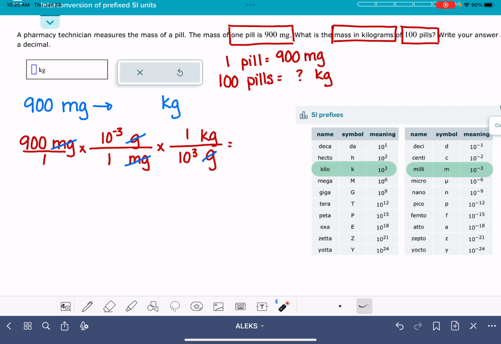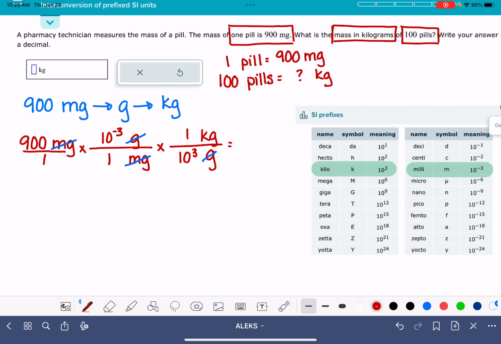If you have quite a bit of experience with doing metric to metric prefixes, that may be really easy for you to do in your head. It may be no big deal. But when you're starting out initially, this is the method that I suggest because it is less likely for you to mess this one up.